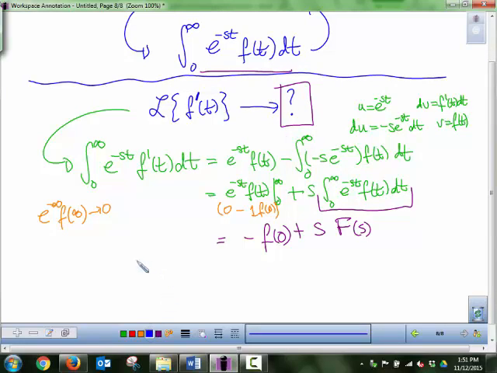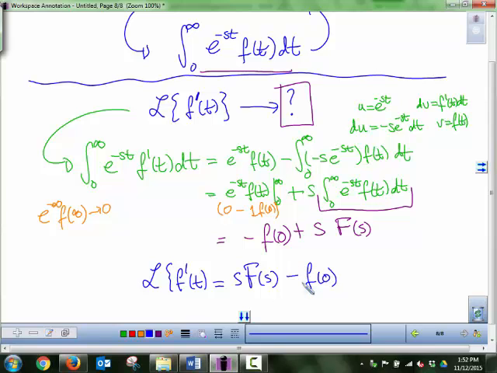So it looks like the linear transformation of a derivative is equal to, let me rewrite it backwards here, s F of s minus f of 0. And the f here is a function back in the t world.